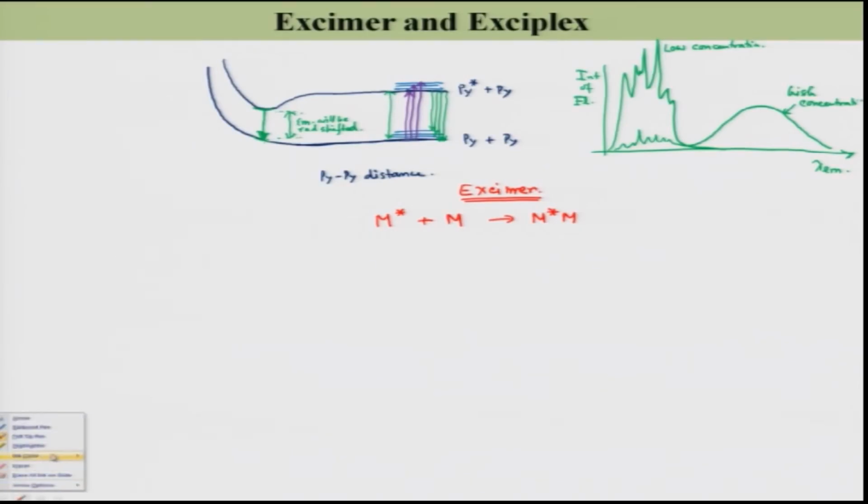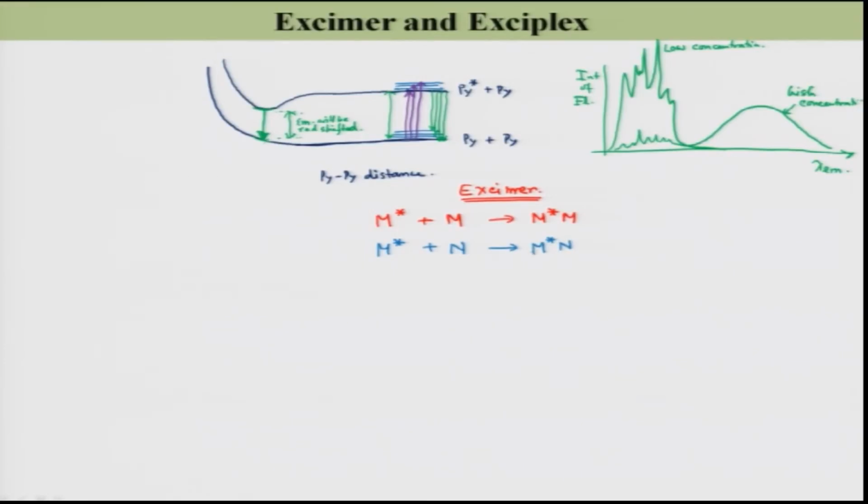Sometimes it is also possible that one of these molecules which is in the excited state, M star, is interacting with a different type of molecule, not M but N, and again this interaction is favorable, which leads to the formation of M star N, right.